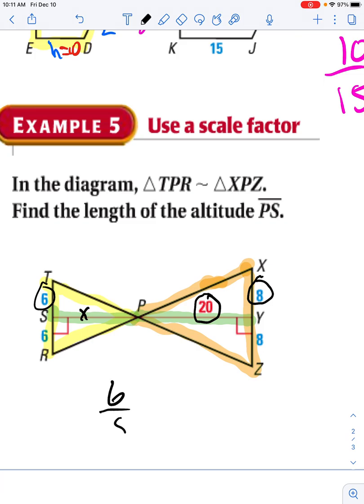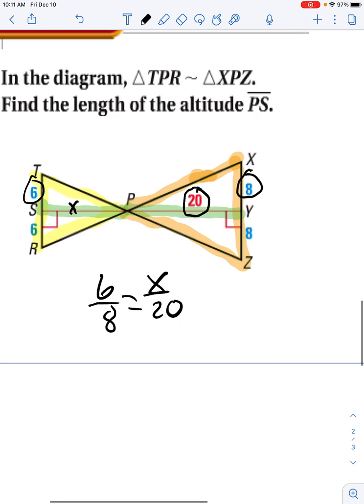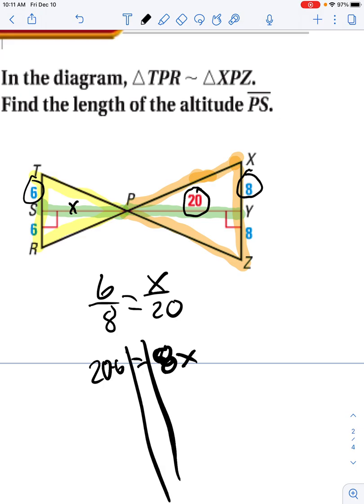So I'm going to say, again, I'm going to go yellow to orange. 6 over 8 equals X over 20. 20 times 6 equals 8X. Separate it. 20 times 6 is 120.